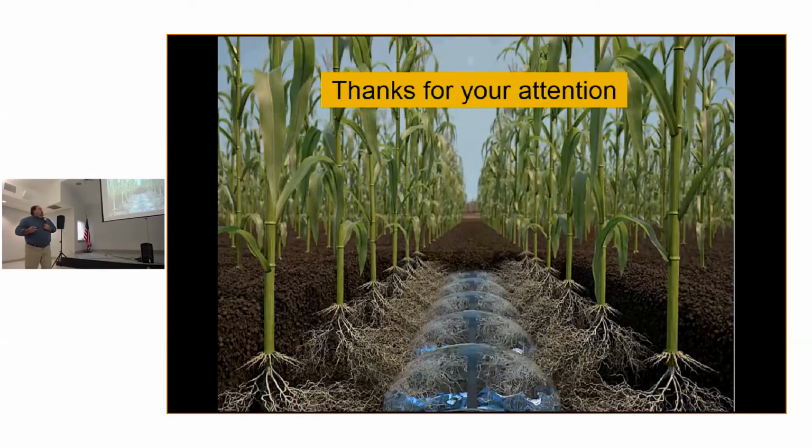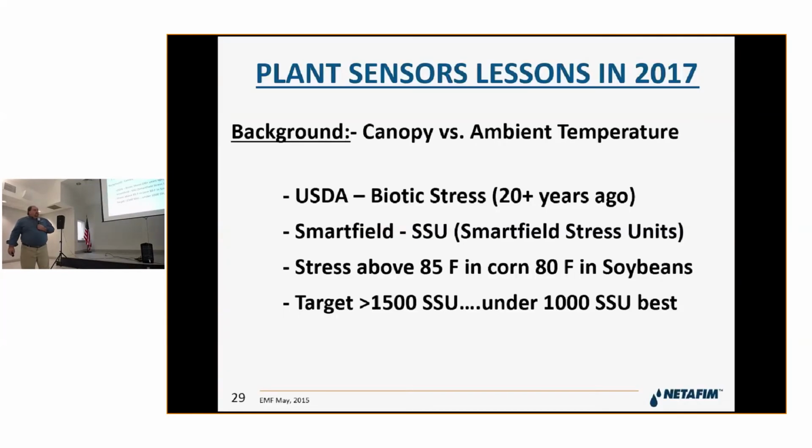The two topics are both based on sensors. One of them is based on plant sensors, and that's the one I'm going to talk about first. The second one is soil sensors or soil probes. The first one I want to talk about is the lessons that we learned from the smart field sensors. What's a smart field sensor? It's a temperature sensor of the plant that measures the plant temperature as compared to the air or ambient temperature.